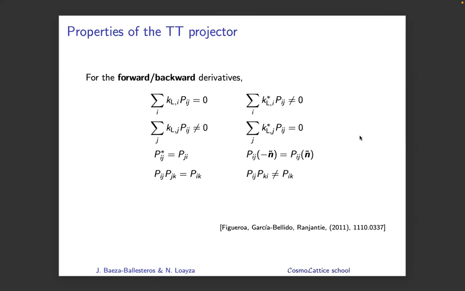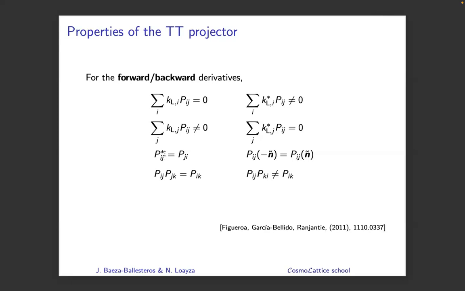For example, if I choose a forward-backward derivative that leads to complex valued lattice momenta, I have these properties. For example, I have the property of being transverse, but it's not true when these two indices are interchanged. This is not zero anymore, and it's the same here. So when I interchange an index here, I need to consider the complex conjugate of my lattice momentum. The same here: my lattice projector cannot be symmetric anymore.